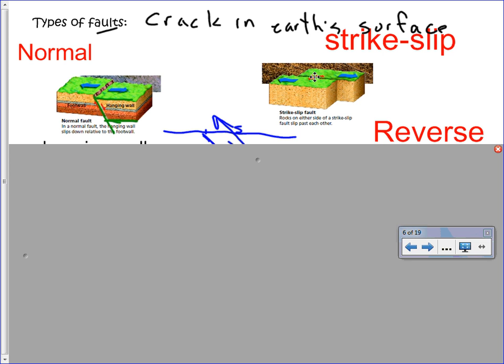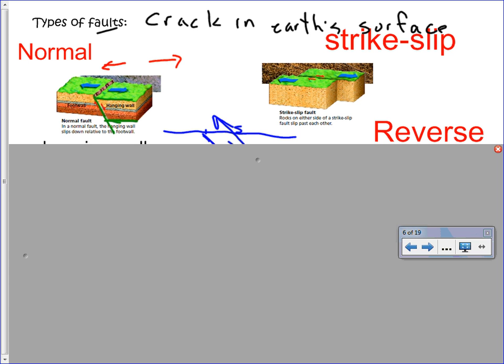First, you have a normal fault, which seems like kind of a funny name. But in a normal fault, you can see here, the forces are moving away from each other. So what type of forces are pulling away from each other? Tension.